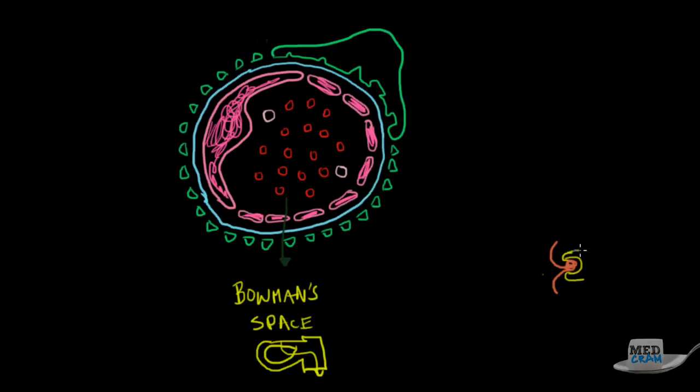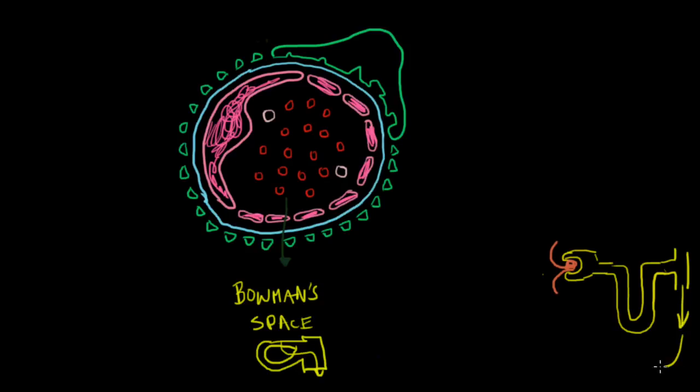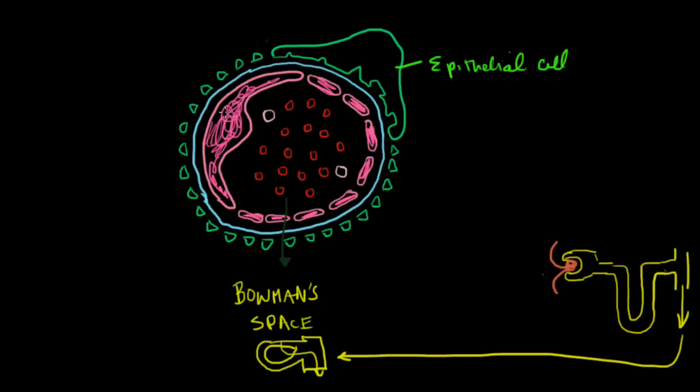And that gets picked up, goes into the proximal convoluted tubule, down the descending loop of Henle, up the ascending loop into the distal convoluted tubule, and then into the collecting ducts, and then out again to the toilet. So once again, this is an epithelial cell, and this is an endothelial cell.